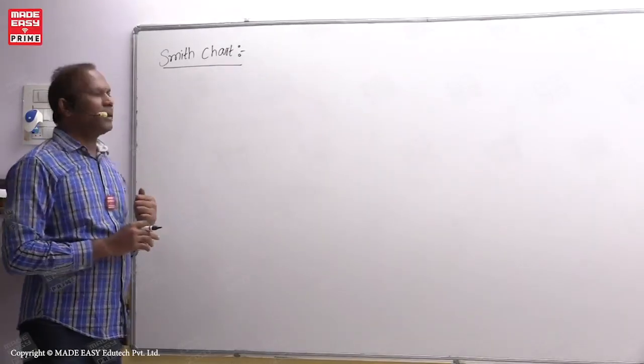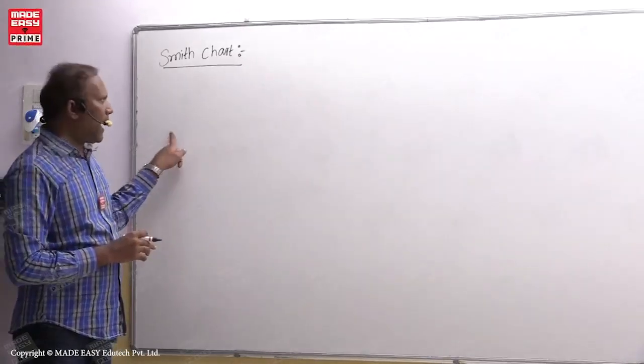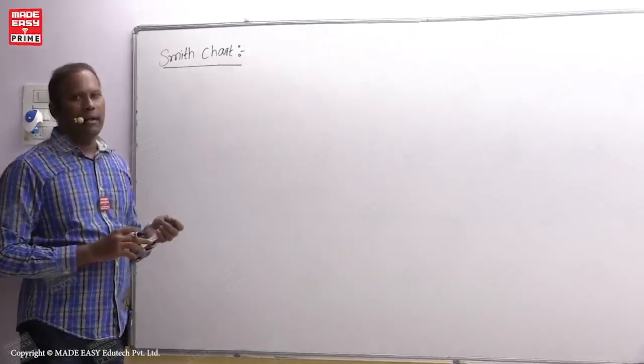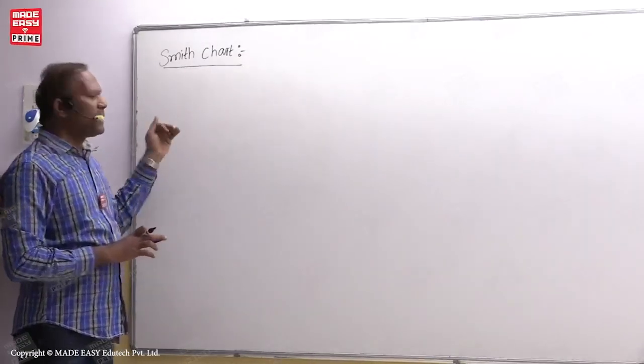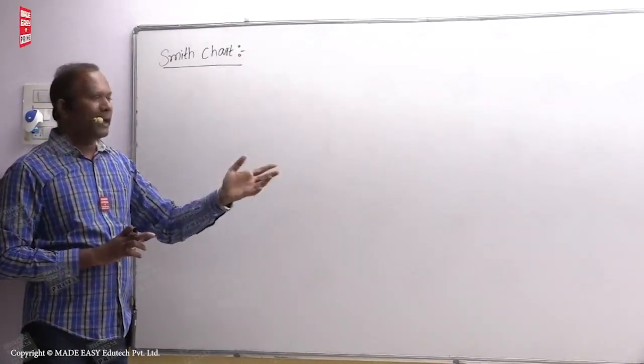Then what is Smith chart? Smith chart is a diagrammatical calculation of SWR, etc. That means ultimately Smith chart is drawn from the equations which we have studied till now.